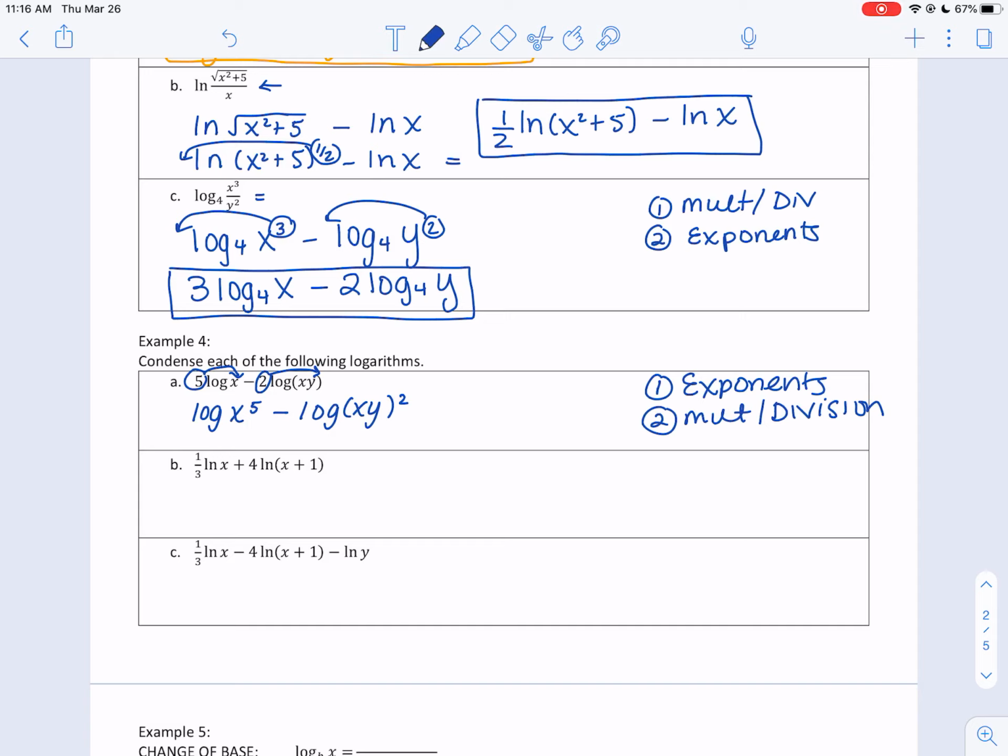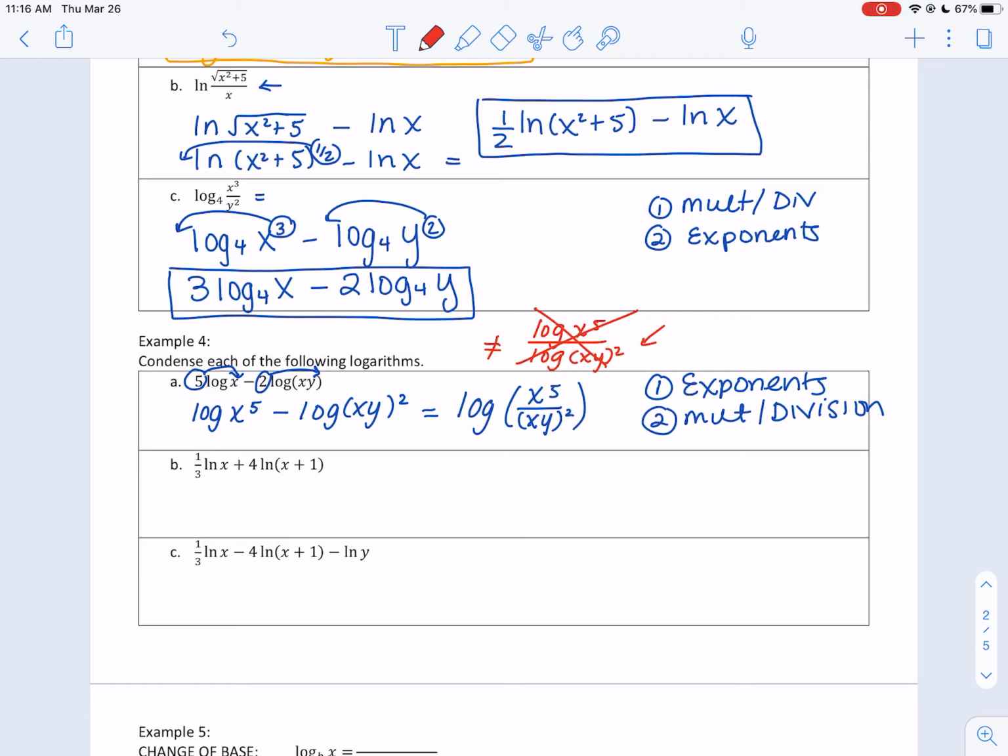Once we have that, and we see that there's subtraction in between, we can now rewrite this as one single log. We can write this as log x to the 5th divided by xy squared. Note that this is not equal to log x to the 5th divided by log xy squared. Don't be that guy. Don't make that mistake.